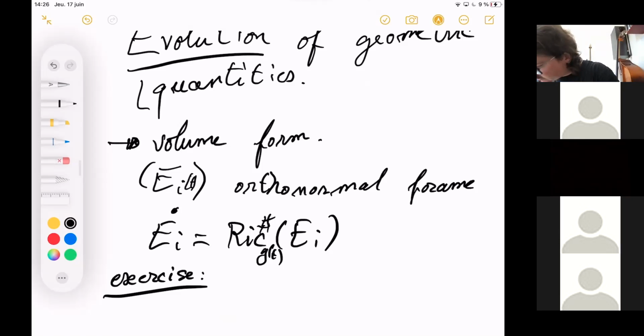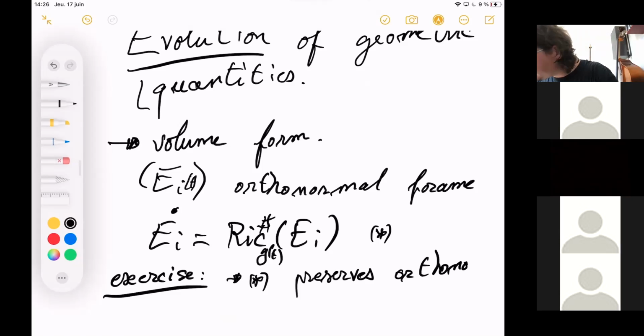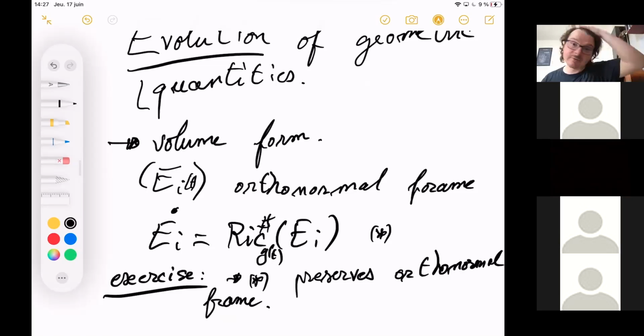Exercise: this evolution equation for the frame preserves the orthonormal frame. If you start with one orthonormal frame at time 0, it has no reason to stay orthonormal afterwards.